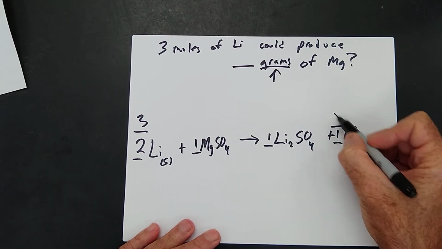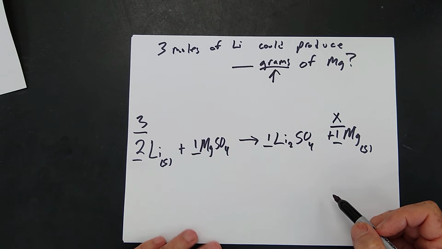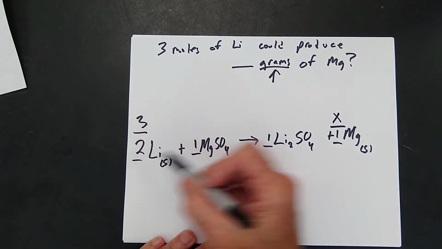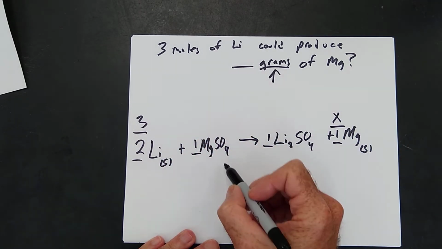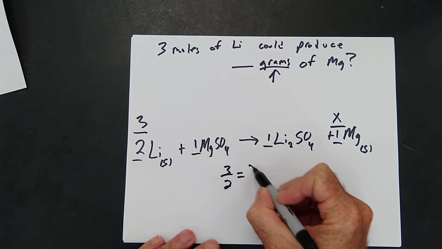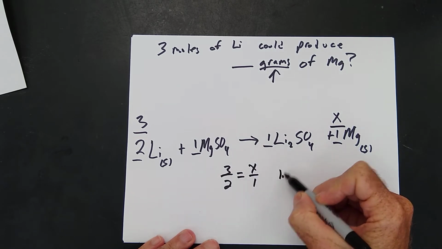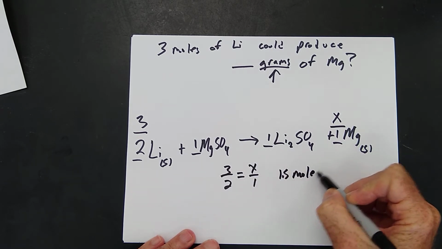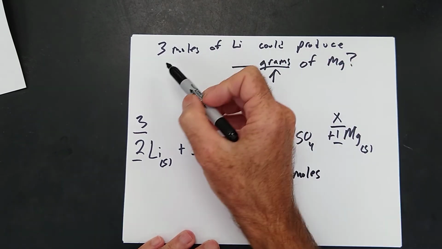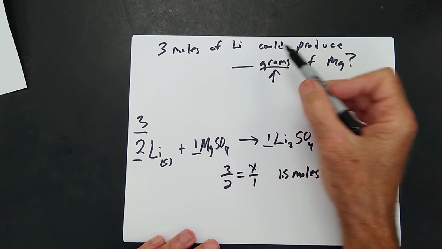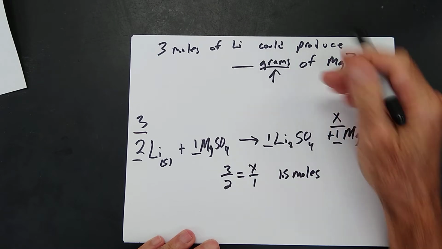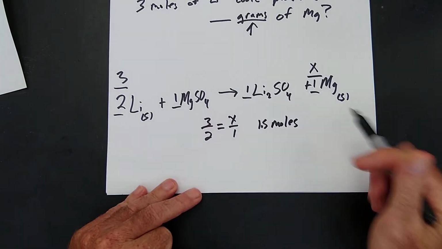So first, we need to find out how much magnesium is going to be made. 3 is to 2 as x is to 1. 3 over 2 equals x over 1. 1.5 moles, just like the last problem. But this time I said 3 moles of lithium could produce blank grams. Well, this is how simple that is.